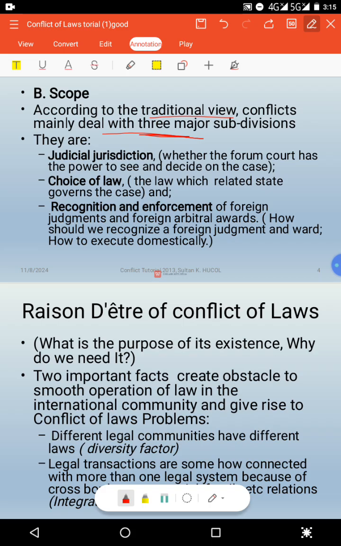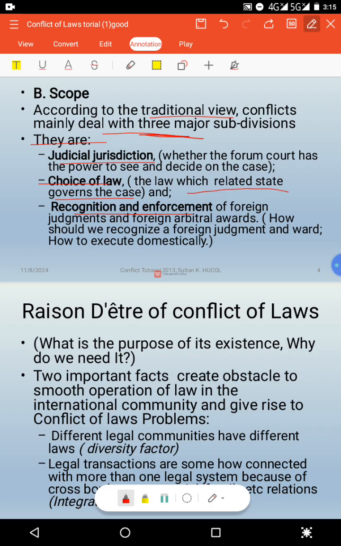The first one is judicial jurisdiction. The conflicts may deal with which jurisdiction shall govern the case. The second one is choice of law, the law of the related state which governs the case. And the third one is recognition and enforcement of foreign judgments.